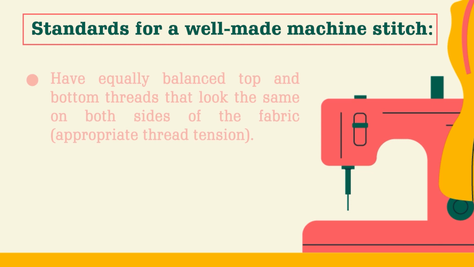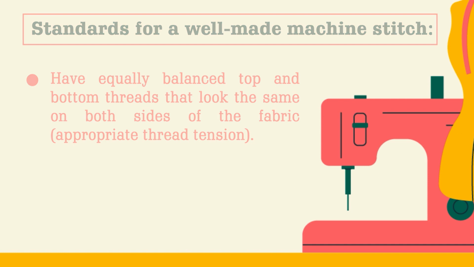So within this rule, adjustments are also made according to the fabric texture and structure. So another standard of a well-made machine stitch is that it would have equally balanced top and bottom threads that should look the same on both sides of the fabric through the use of appropriate thread tension.